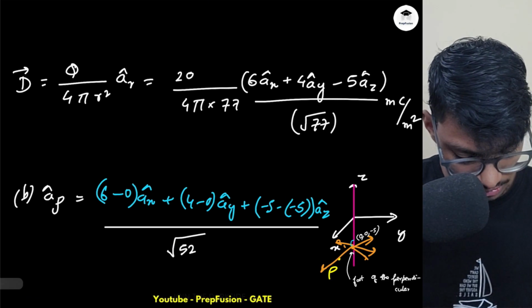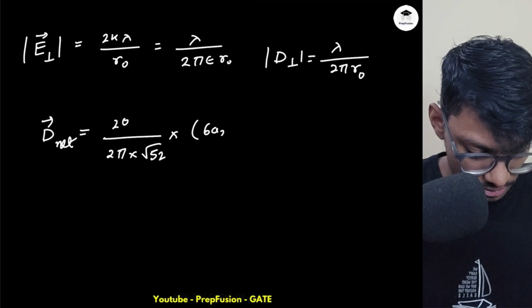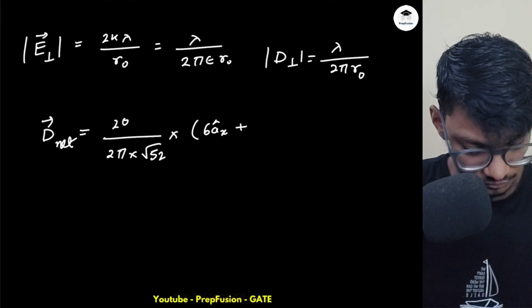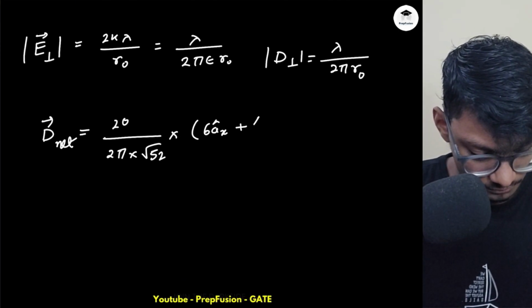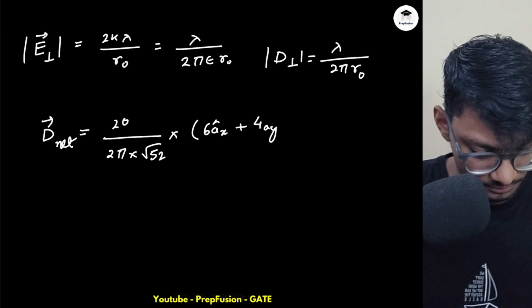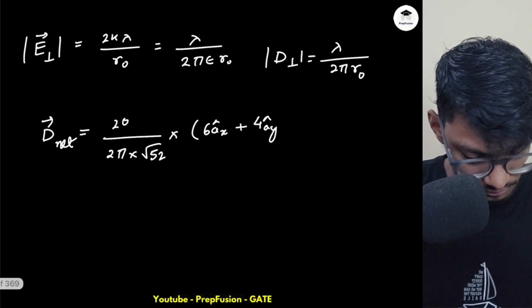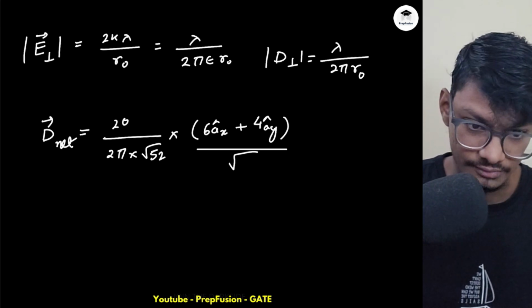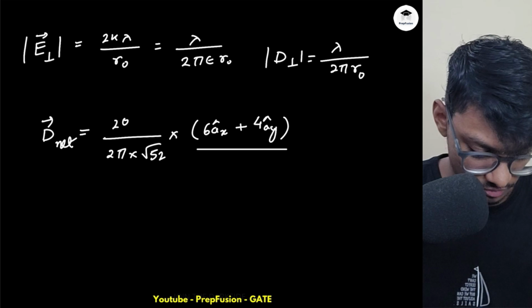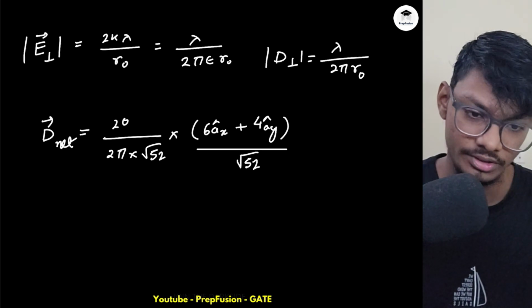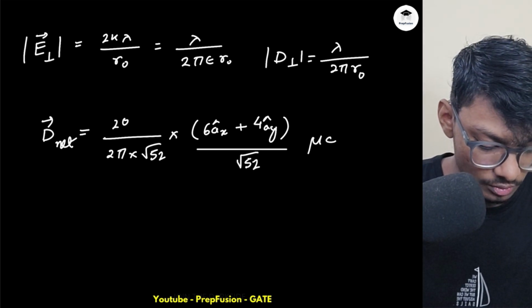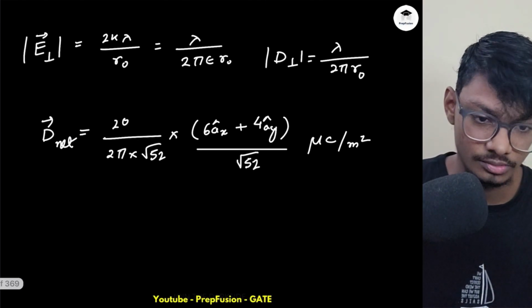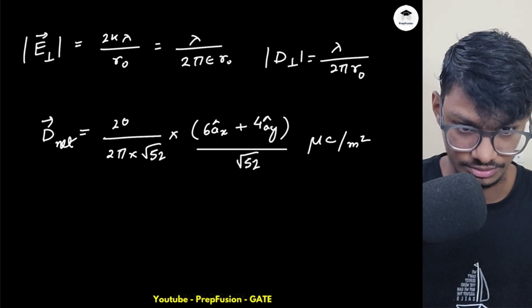Arrow cap is 6 ax cap plus 4 ay cap divided by, again, the magnitude root 52, as this is a unit vector. Okay, in microcoulomb per meter square. So this will be the solution to this particular question.